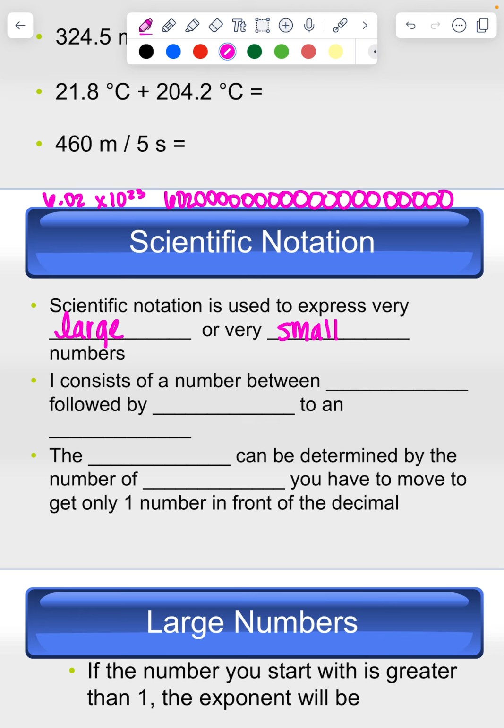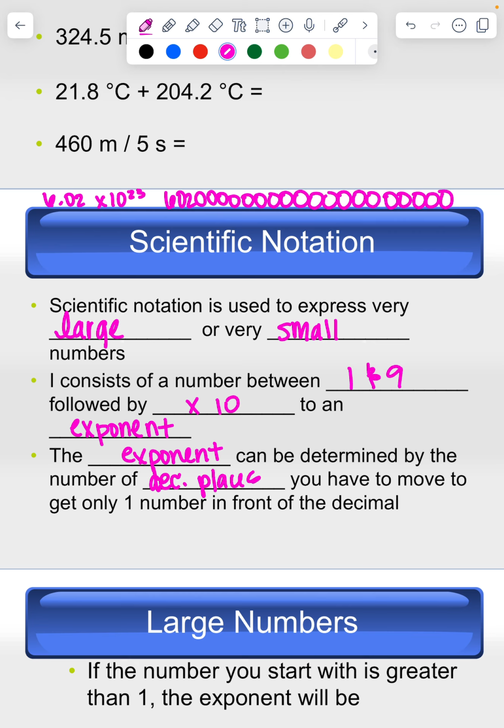Just a reminder, whenever you use scientific notation, it consists of a number between 1 and 9, followed by times 10 to some exponent. The exponent can be determined by the number of decimal places that you have to move.